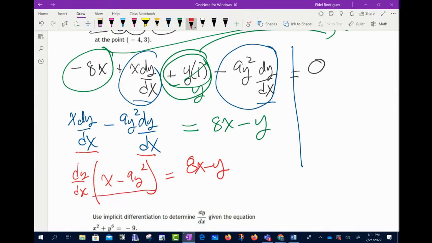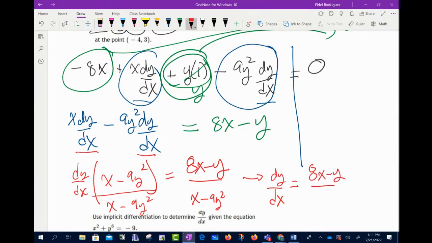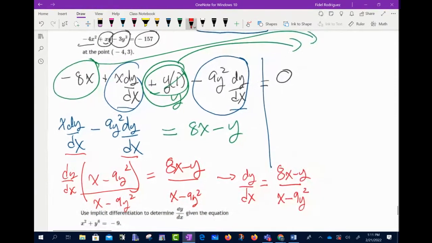Divide it out. Perfect. Now look what we're going to do. We're going to write dy dx is equal to 8x minus y all over x minus 9y squared.